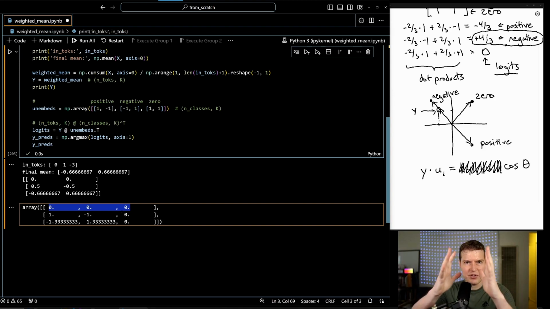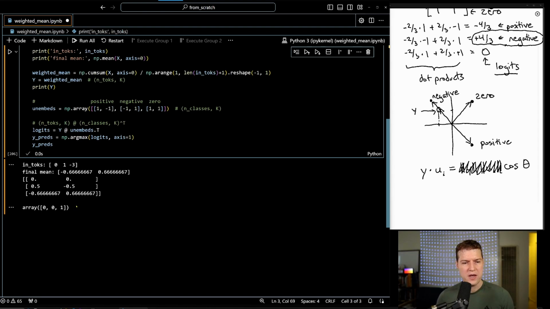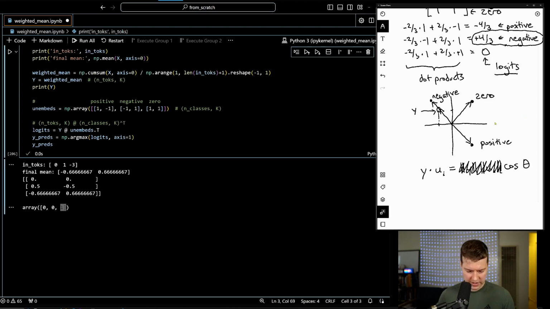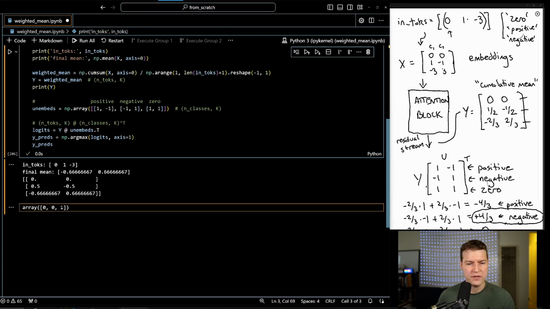I want to collapse the columns down. So when I look at the Y predictions, here I'm predicting the positive class and the negative class. Is that what we looked at? Well, yeah, 0, positive, negative. So this is positive and this is negative, and we have to fix 0.